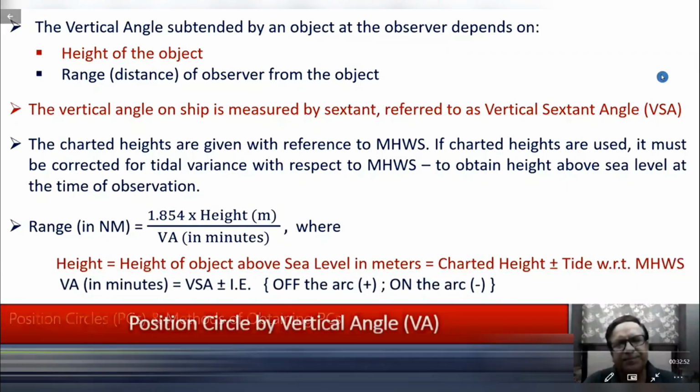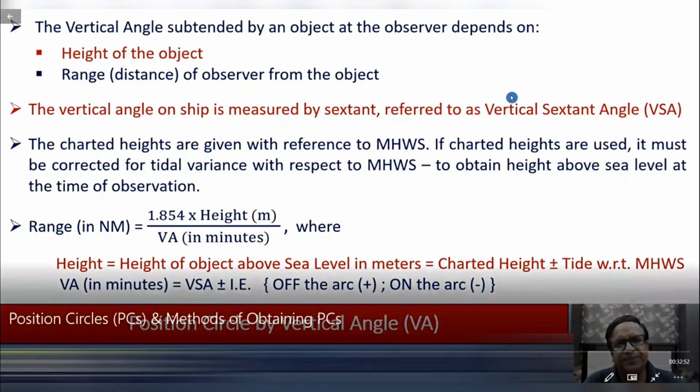Okay, so let's understand all these things one by one, beta. The first thing is that the vertical angle subtended by any object depends upon two things. One, it depends upon the height of the object, and second, it depends upon the range of the observer from the object. We measure this vertical angle using a sextant, so we sometimes call it vertical angle, or it can be called vertical sextant angle, in short VSA.